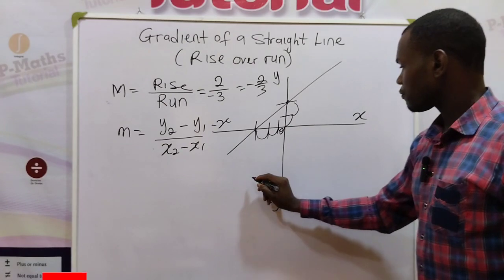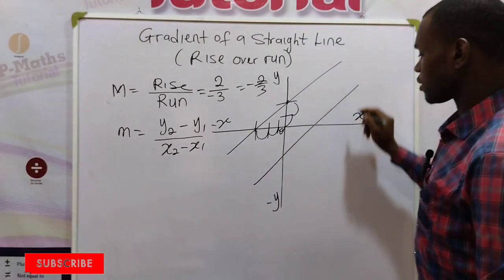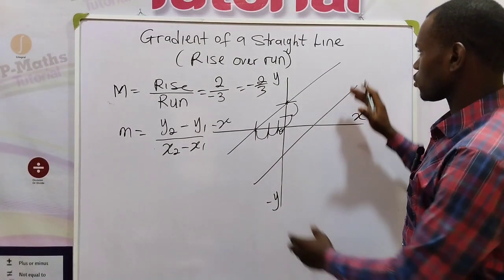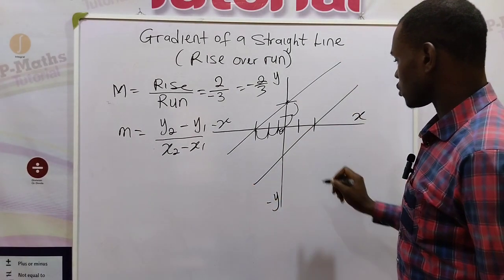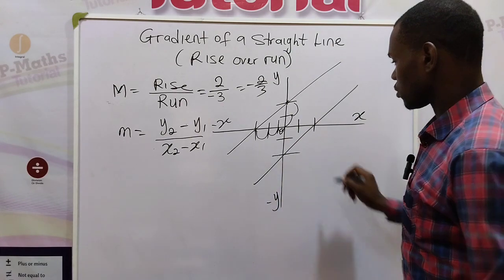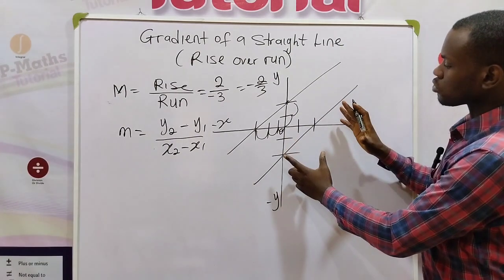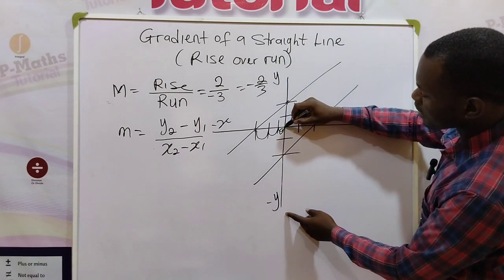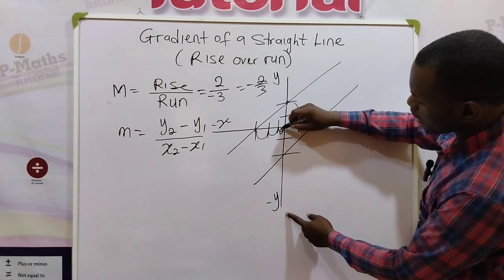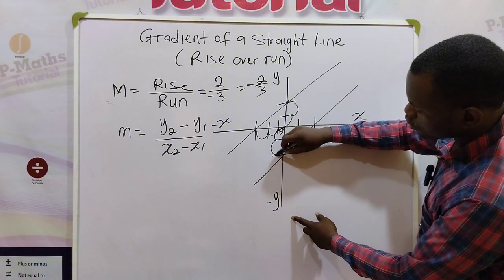Let's assume I have my straight line in this form, and I want to determine the slope of this line. Let's label here 1 and 2, and here 1 and 2 as well. Okay, so to rise on the y-axis, I will run from the 0 origin. I will rise 1 and 2.